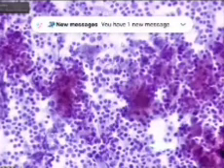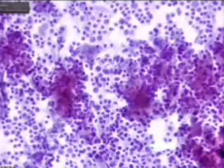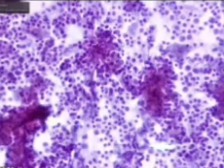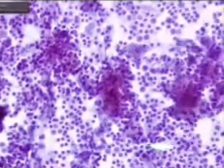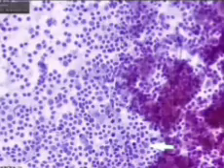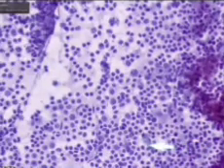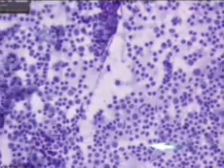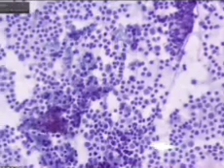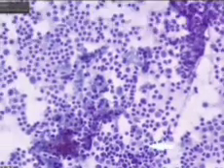I think we should also consider a lymphoproliferative disorder, at least suggest it, because there are scary cells and they're very hypercellular.